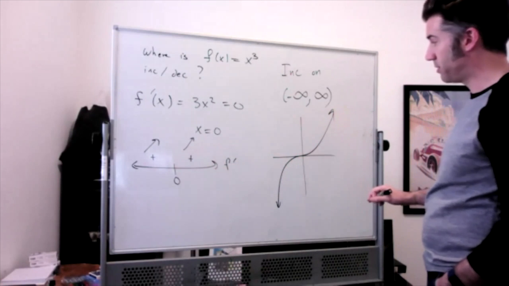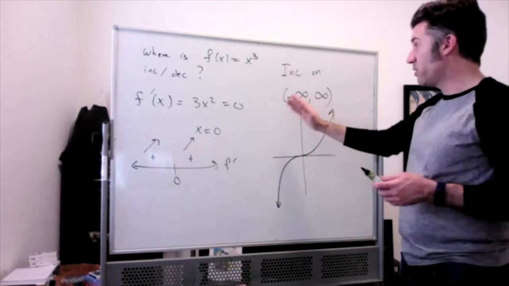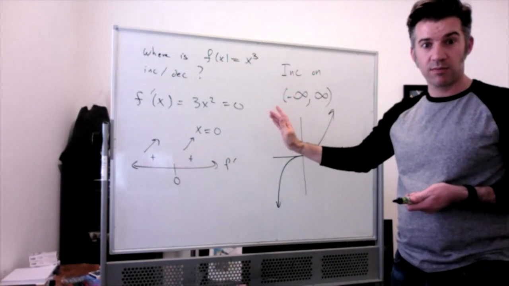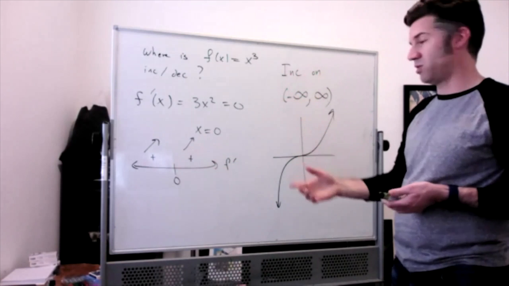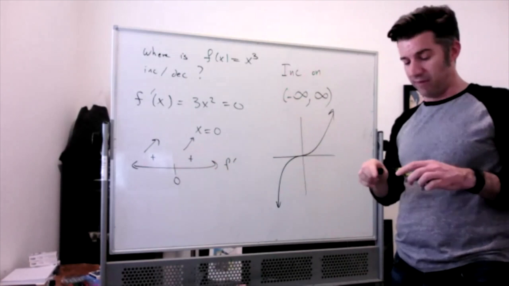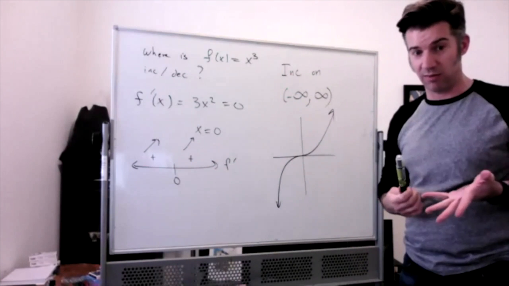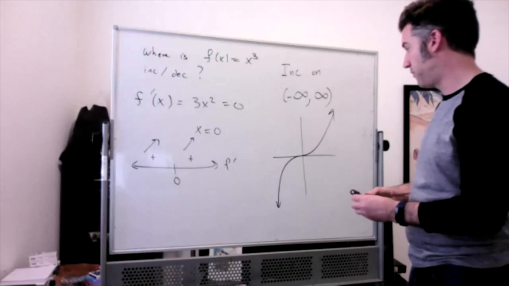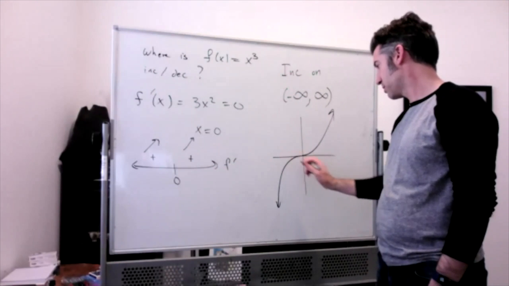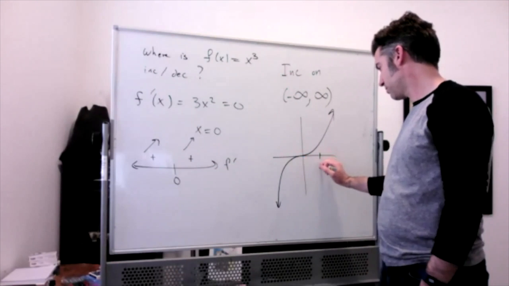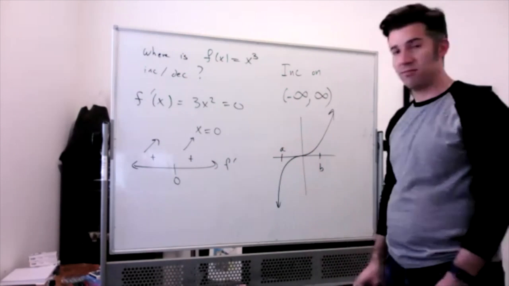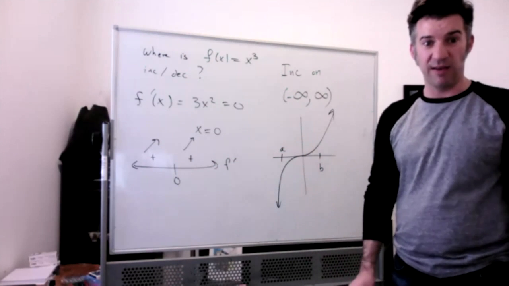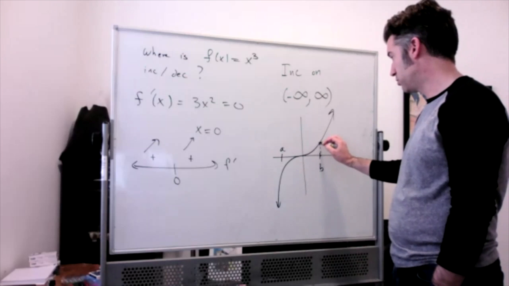It looks like that. To be increasing on an interval, the definition of being increasing is if, say, b is bigger than a, then f of b is bigger than f of a, which is totally true.